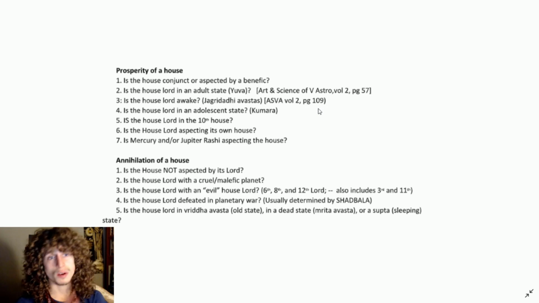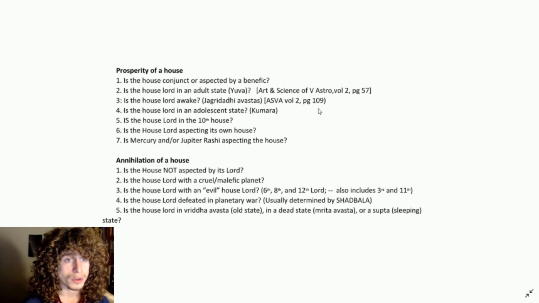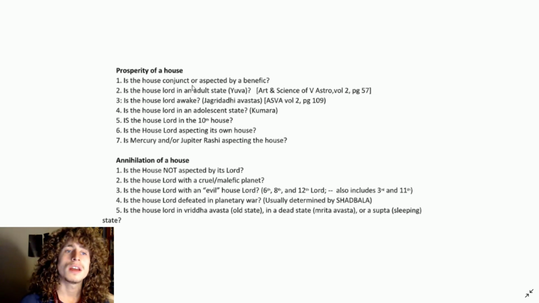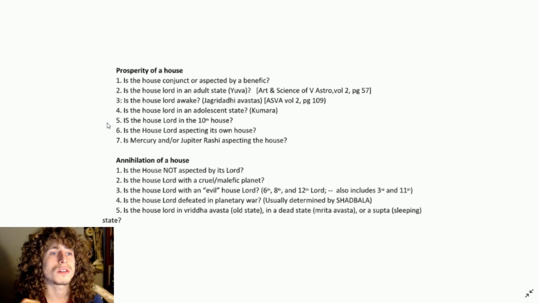So it's not terribly prosperous. So far, the only prosperous thing that we can say about the fourth house is that it is conjunct the benefic moon. Now the house lord is in the 10th house. Venus is in the 10th, and that does show prosperity.